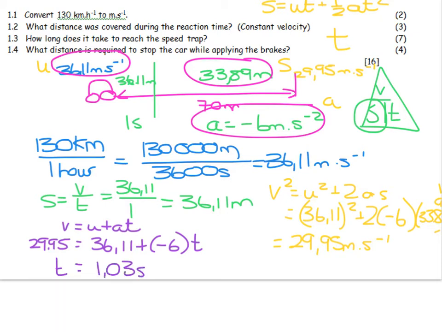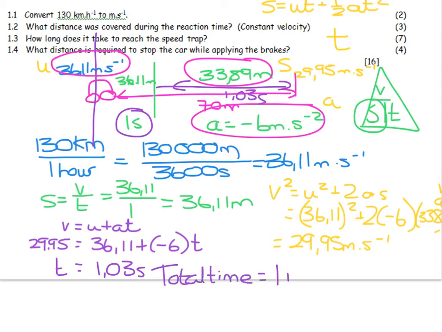But the question was, how long did it take to reach the speed trap? That was my starting time. I had 1 second. This portion of the journey over here takes 1,03 seconds. So the total time is equal to 1 plus 1,03, and that's equal to 2,03 seconds.